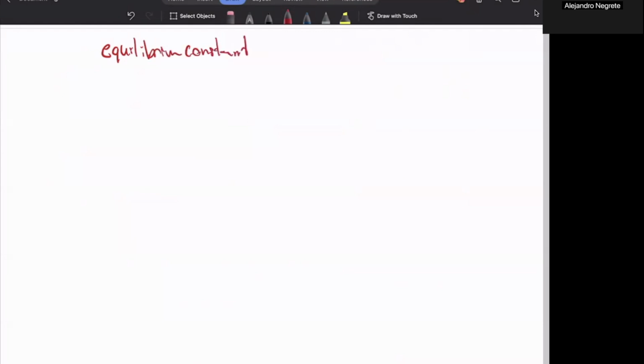And again, when we hear equilibrium constant, what we're referring to is K sub C. So K sub C here, the equilibrium constant, is equal to 4.0. And the question is asking us, what are the equilibrium concentrations for the mixture, right?